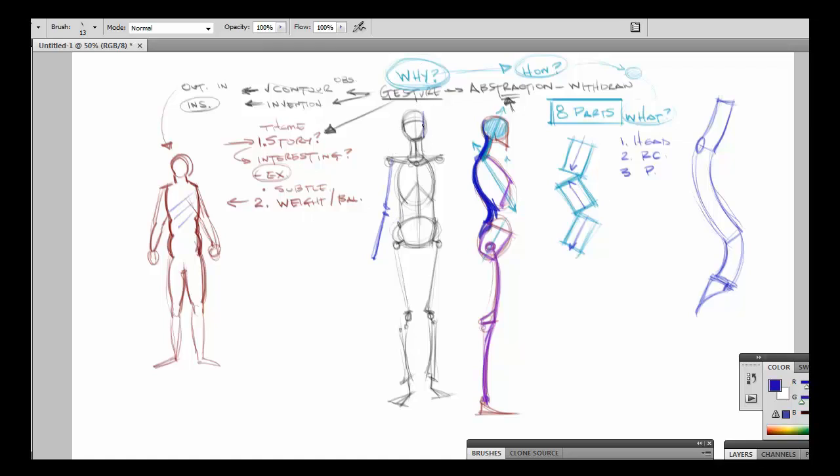The balance here is one of hard and soft. So this is a hard form, primarily bone, giant mass of the rib cage.